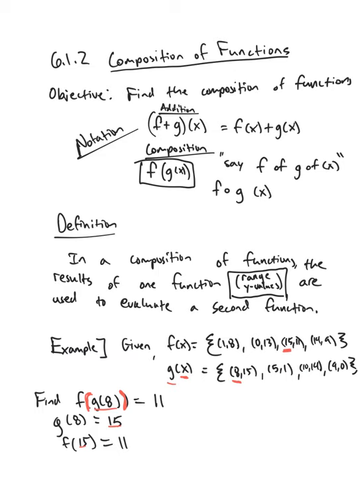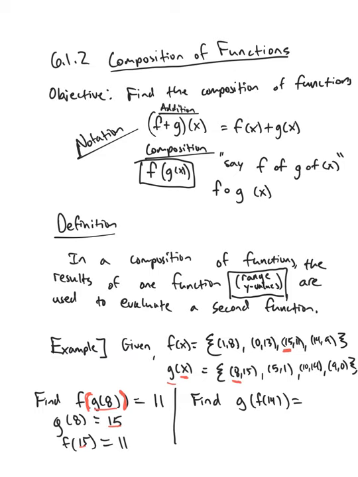Okay, guys, we can work this the other direction. Let's do another example, kind of making this one up on the fly. Let's find g of f of 14. So these are separate problems.